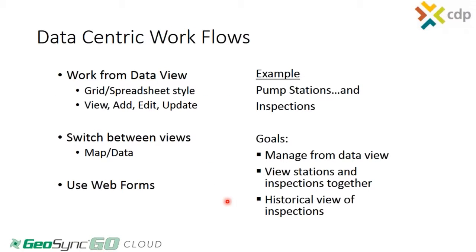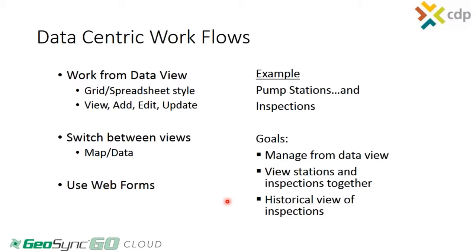So moving ahead, specifically on data-centric workflows. As I mentioned, this is a way that we can actually work from a data view, like a spreadsheet style or grid style, report style interface rather than from the mapping. From here we can add data, view, search, edit, make updates. We can do all of our work from this data view.